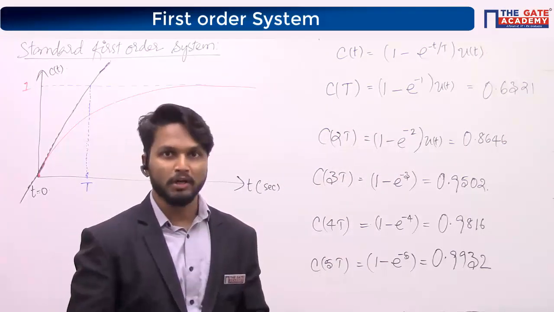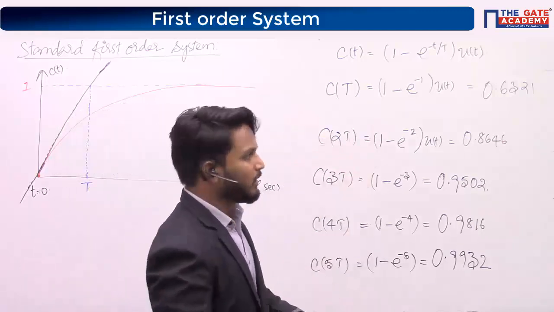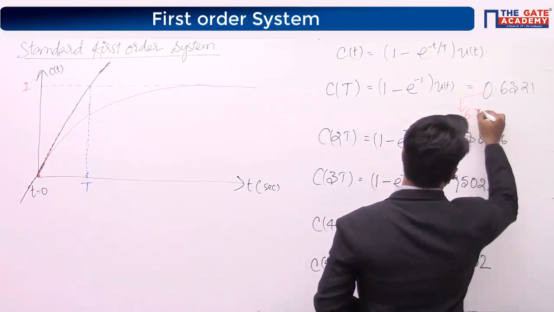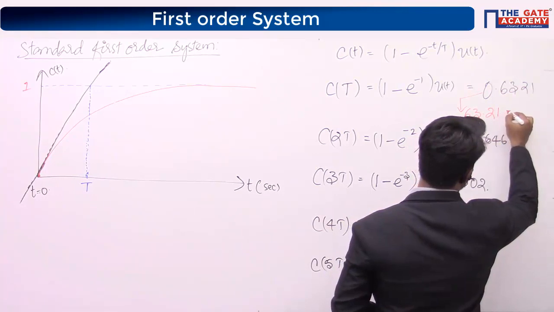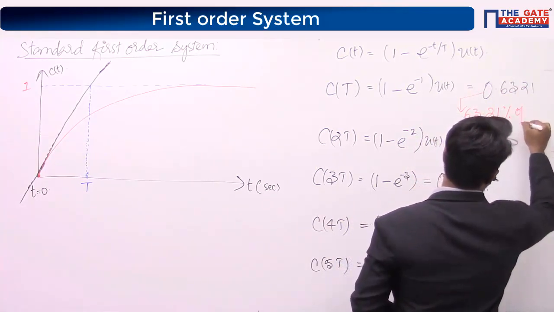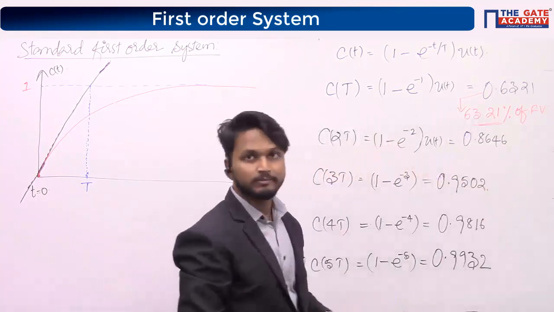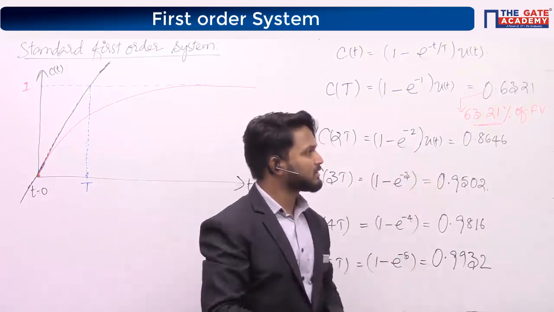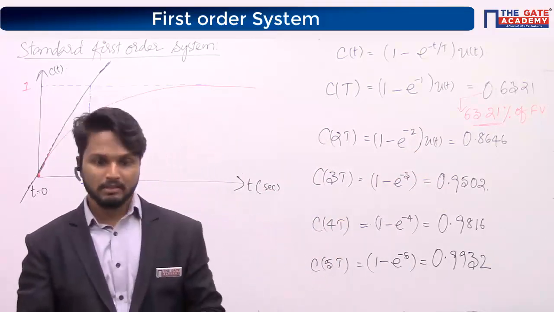So what is our final value? Final value is 1, right? So this value 0.6321, I can call it 63.21% of final value. Can I call it like this or not? Tell me, can I call 0.6321 as 63.21% of final value? Yes or no? Yes, right?